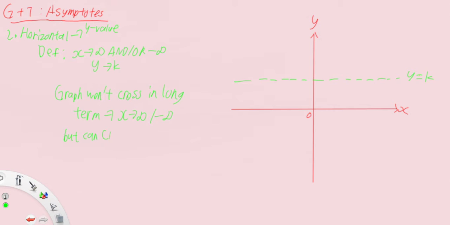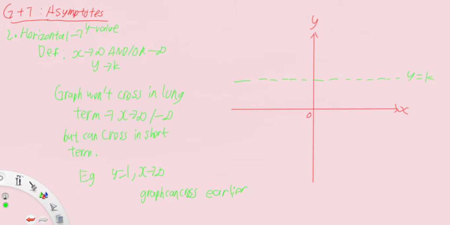So simply put, if you have a horizontal asymptote at, let's say, y equals 1, and this happens as x approaches infinity, the graph can cross earlier.